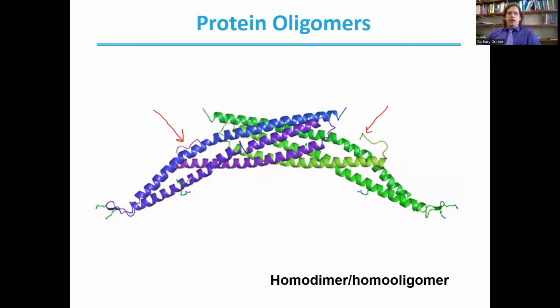These are identical units, but they're not linked in the same kind of regular way that we saw in the previous slide. Here we see our linking site between our 2 proteins is over here at the end of our protein. And so we get a slightly different shape as we link these together. So depending on what protein you have and where those interactions take place in order to link those proteins together, you can create a variety of different shapes and structures within your quaternary structure.